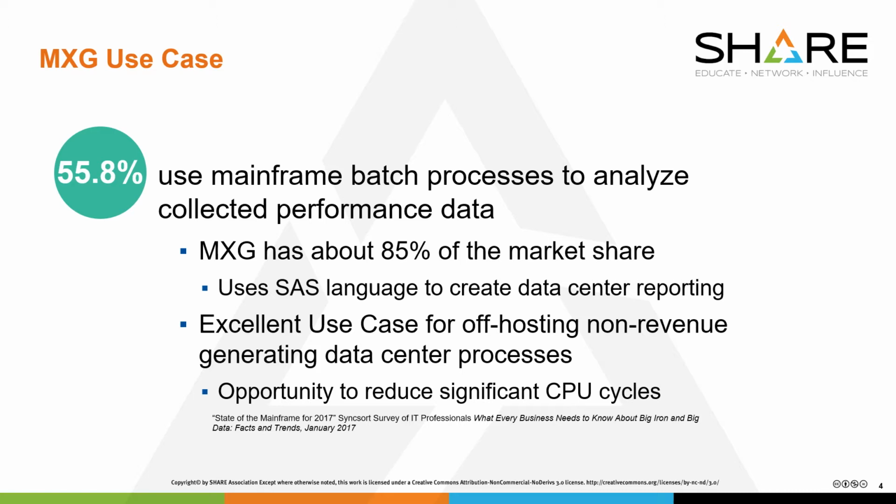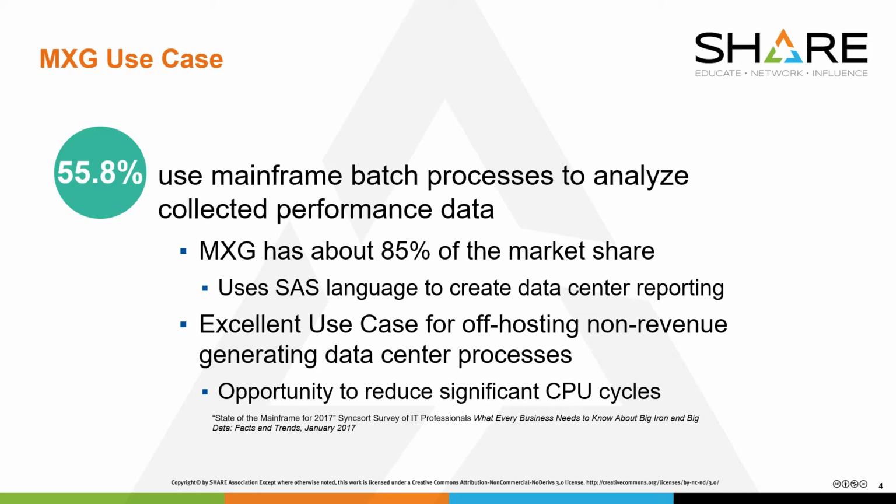First off, this is a survey that we used from, you see the footnote at the bottom. It says 55.8% use batch mainframe to analyze their performance data. Now think about this. You're analyzing your performance and your capacity reporting data from the mainframe by using the mainframe, and frequently you turn out to be some of the biggest consumers on the mainframe as you're doing it.